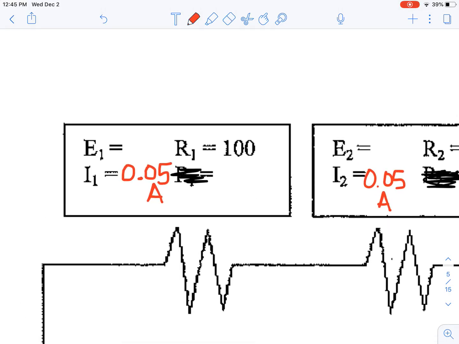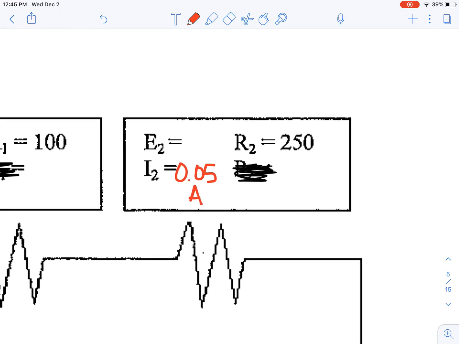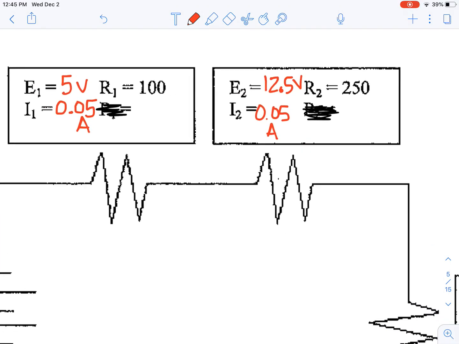So right here, I'm going to take 0.05 times 100, and I get 5 volts. On this one, I times R, 0.05 times 250, I get 12.5. Oh, I should put volts over here. Oh, I did.